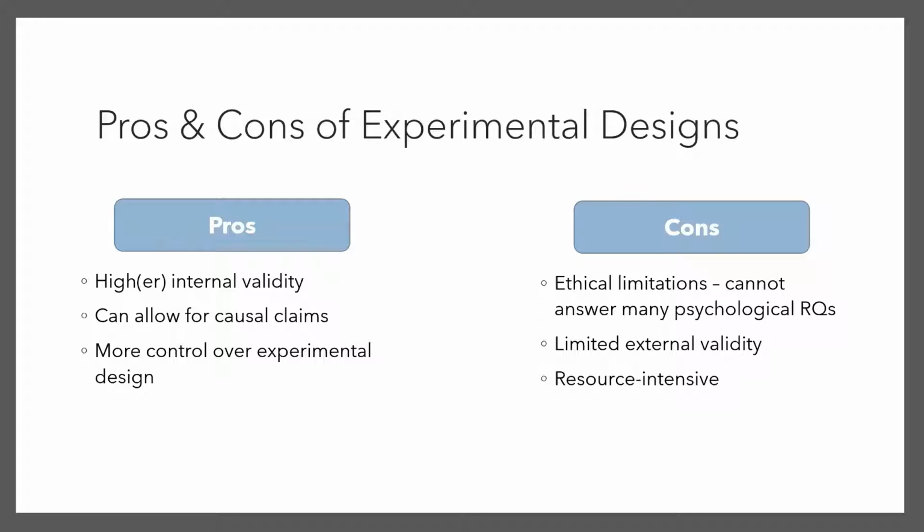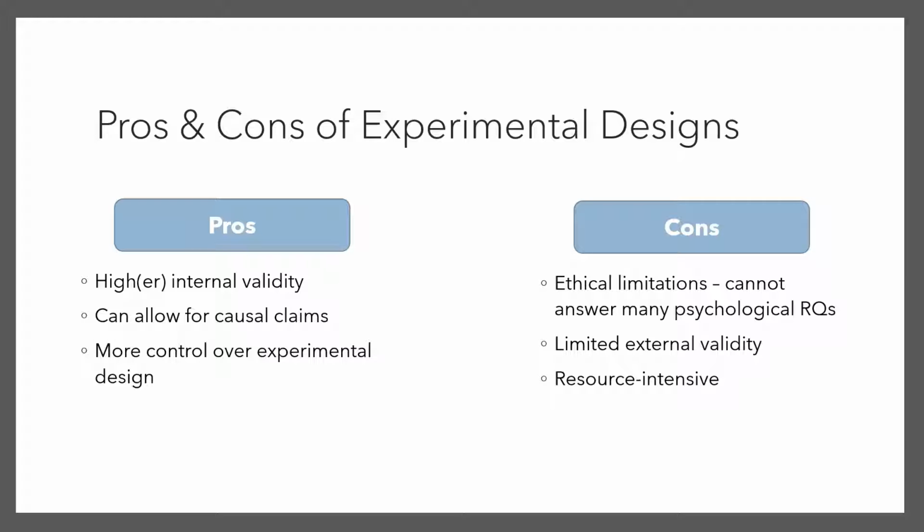So generally speaking, experimental designs have pros and cons. They typically display higher internal validity, which relates to the confidence you have as a researcher that it was actually the independent variable that caused the change in the dependent variable and not some other third variable that did it. True experiments allow for causal claims.